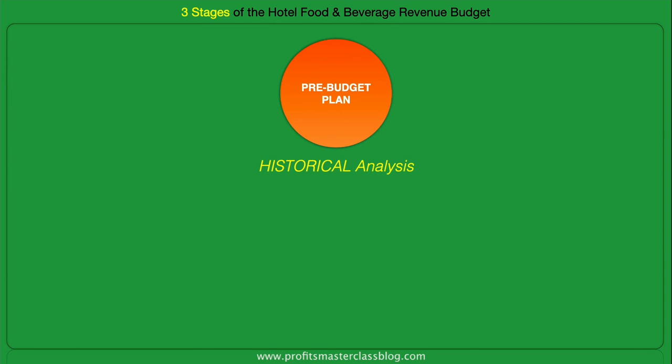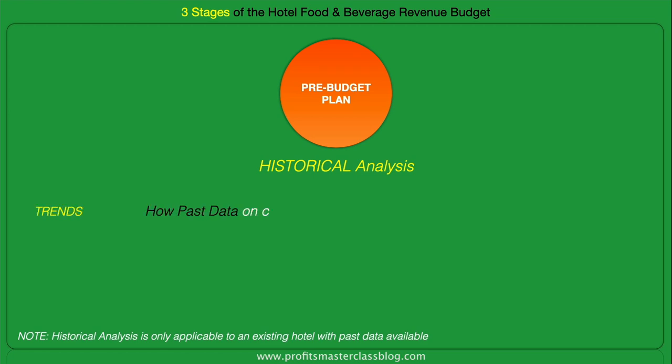Getting a full perspective on your past performance is one of the most important parts of a budget, and particularly the pre-budget plan. And that includes trends. Trends is all about how past data on covers, average check, table turnover, etc. are trending. Are they growing?